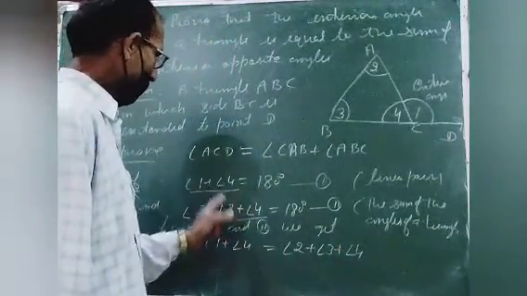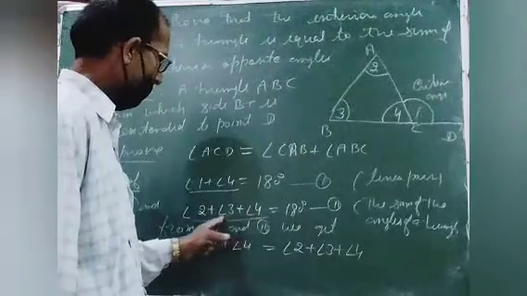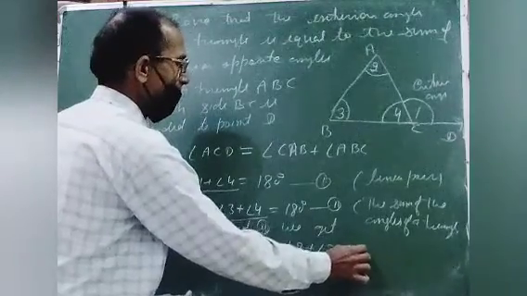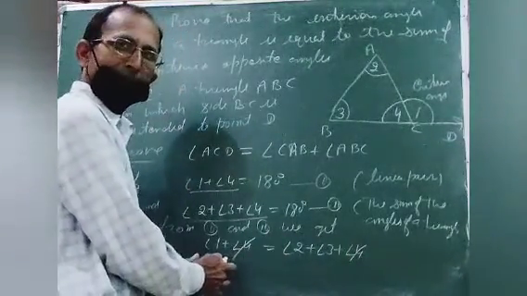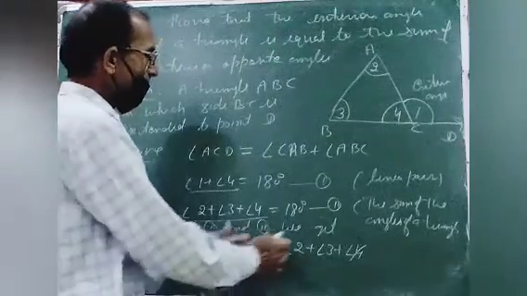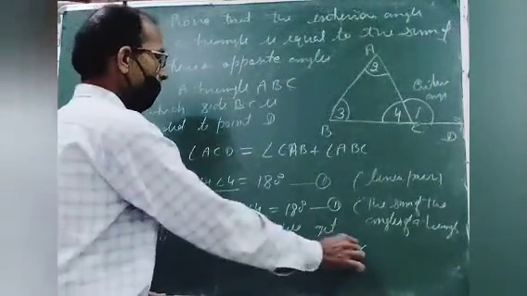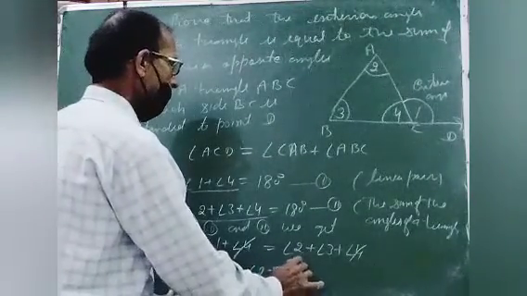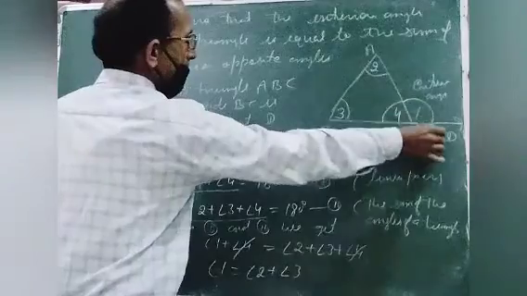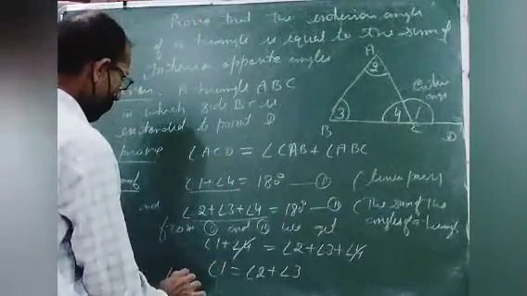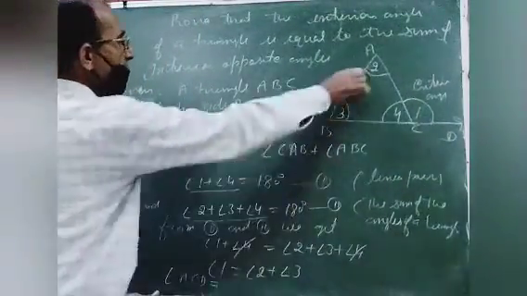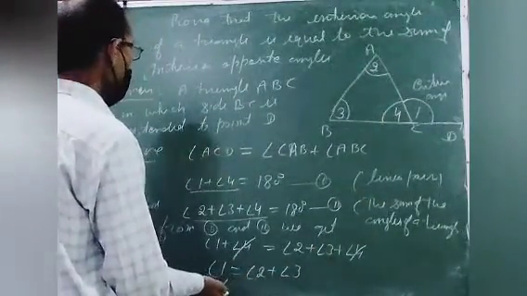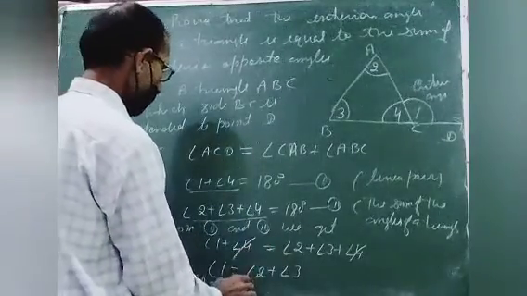The measure of angle 1 and 4 is 180 and the measure of these three angles is also 180. Now angle 4 is on this side and on that side also. When I change the side it becomes minus, so we can cancel directly. Angle 4 cancels angle 4. So angle 1 is equal to angle 2 plus angle 3. Angle 1 means ACD. Angle 2 means angle CAB, or you can say BAC, no problem.